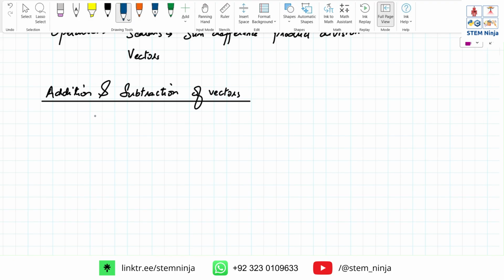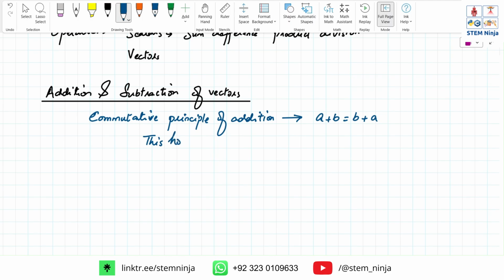We are already familiar with the commutative principle of addition, which states that a plus b is equal to b plus a. This holds for vectors also. How do we check this?